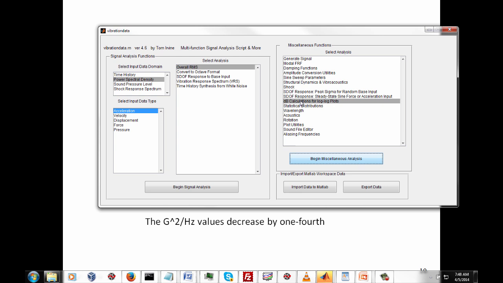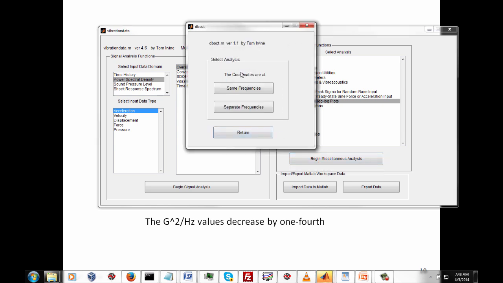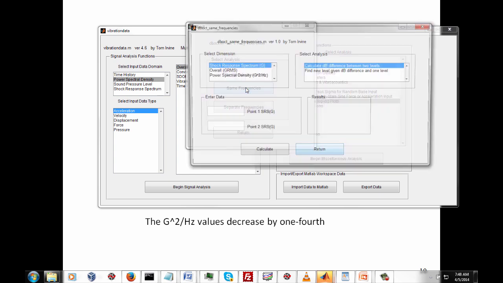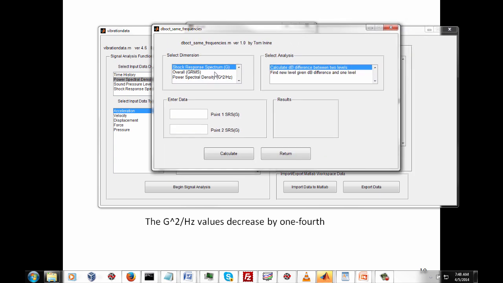Let's go back to dB calculations for log-log plots. And we're going to do coordinates of the same frequency. And I'm just going to simplify this a bit. Let's say we have a G square per hertz level, and it's just 1. I'm just going to put amplitude 1. So we got 1 G square per hertz. Okay, let's find a new level given a dB difference in one level. So what happens if we add 3 dB to the G square per hertz number?